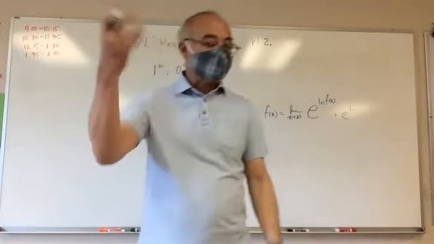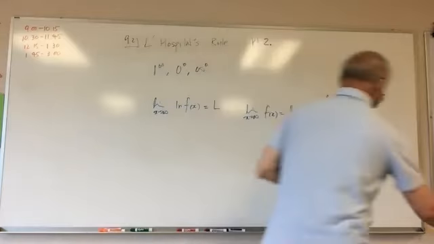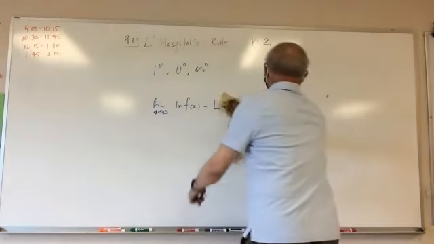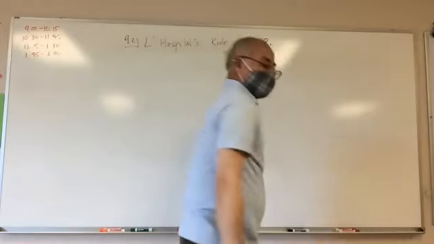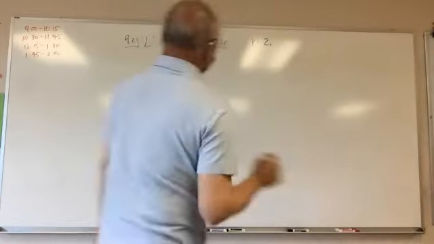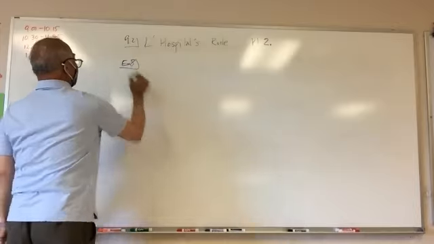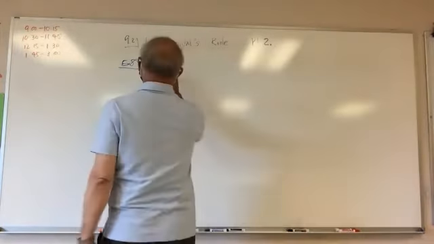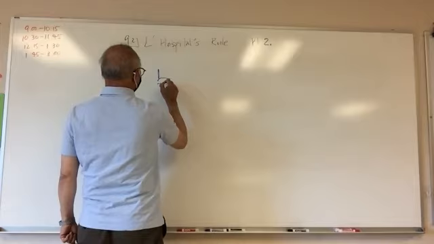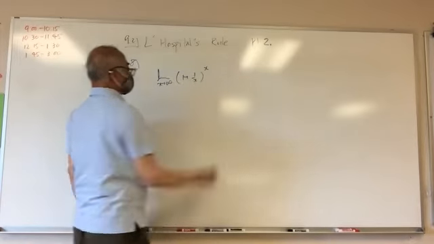Okay, so let's go ahead and actually do one of these. When I do one of these, it becomes a little easier to understand. So we have example number 8. Find the limit as x goes to infinity of 1 plus 1 over x, to the x.